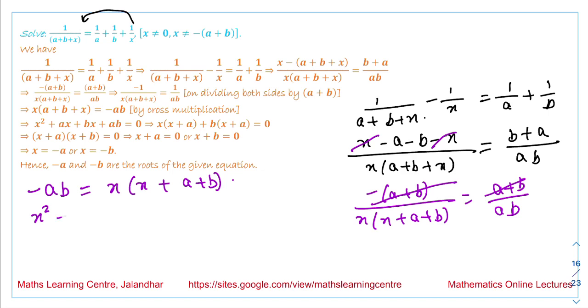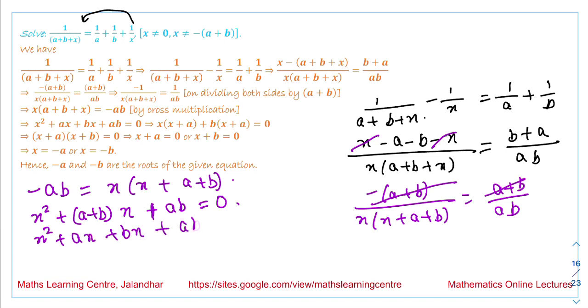So it is x square plus a plus bx plus ab is equal to 0. So we are saying that it is x square plus ax plus bx plus ab is equal to 0.